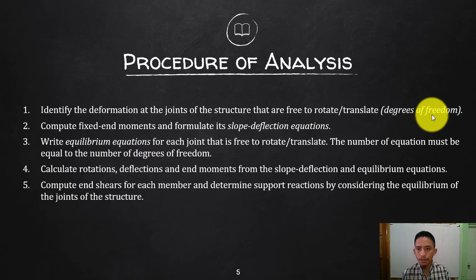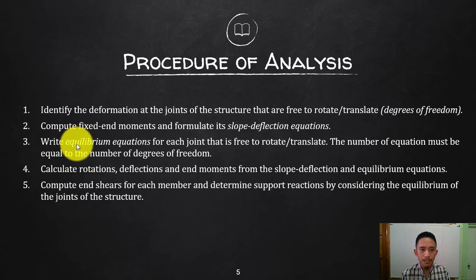So this is now where we will compare. The number of your unknown deformations, or the number of degrees of freedom, should be equal to the number of your equilibrium equations. So again, that means we will create an equilibrium equation out of each of the degrees of freedom. I will be explaining that further in an example.